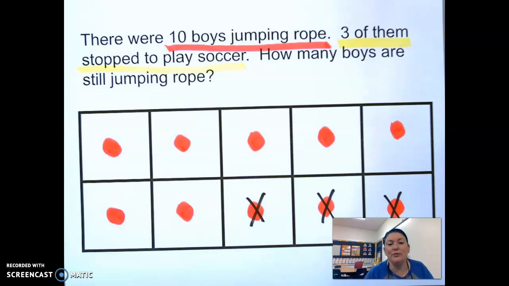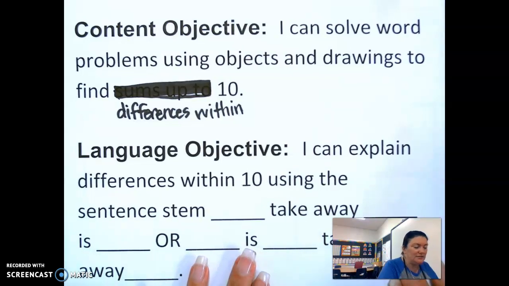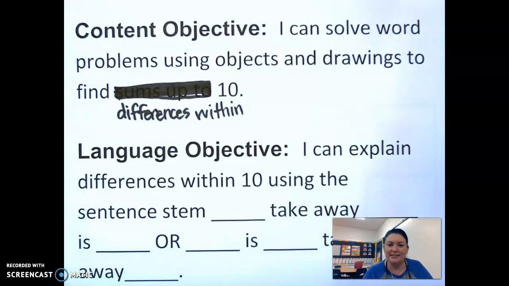I hope that you enjoyed today's math lesson, but before we go, we have got to go back and we have got to look at our content and language objectives. We've got to give ourselves an assessment. Did you know it's okay to grade yourself and let yourself know how well you did? So, I can solve word problems using objects and drawings to find differences within 10.